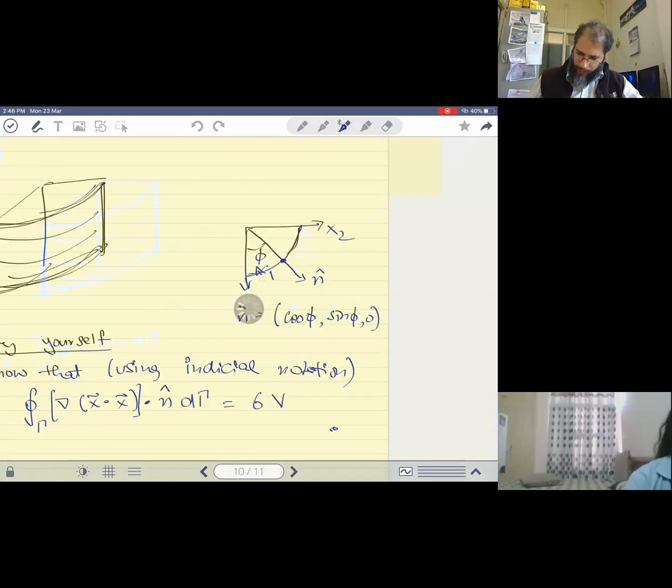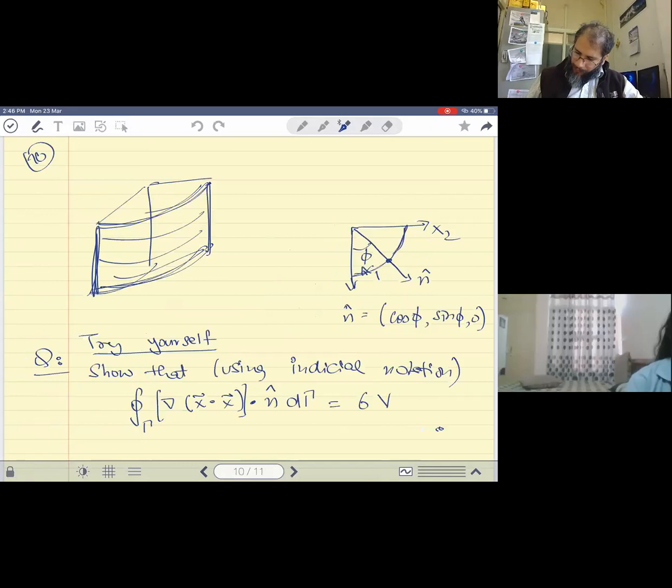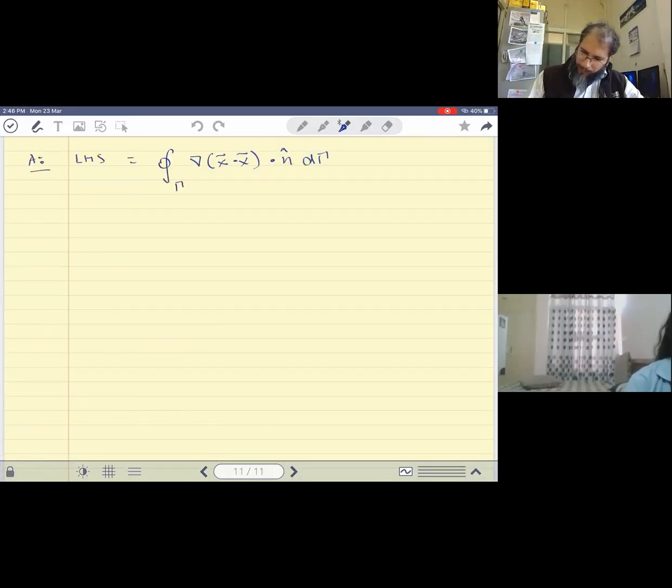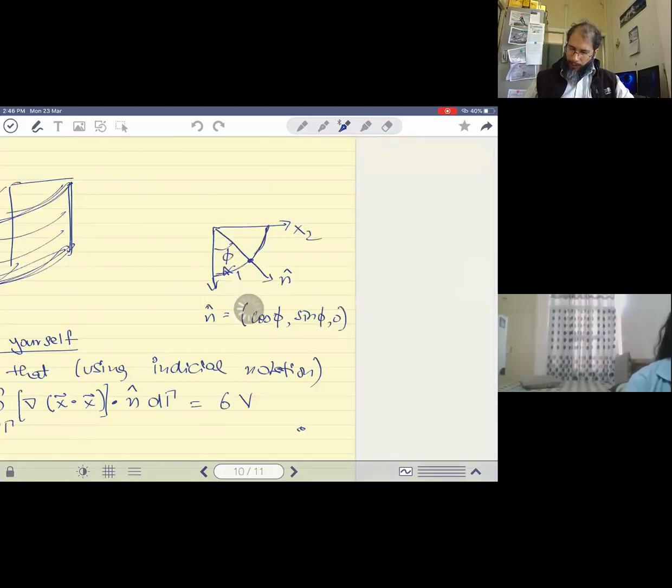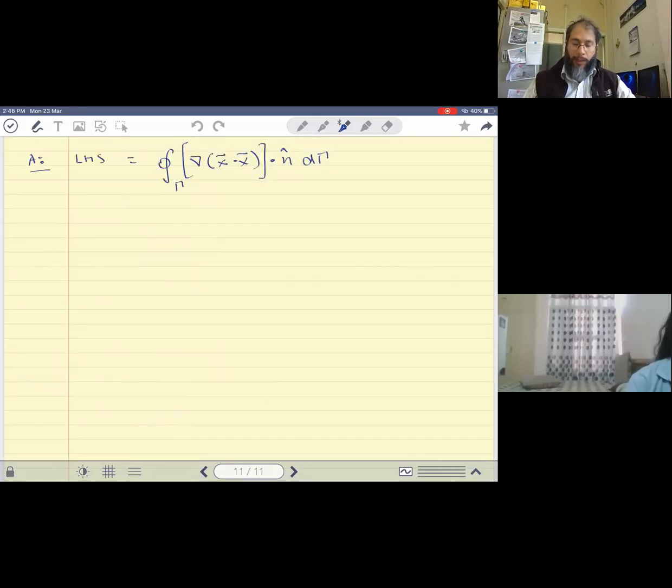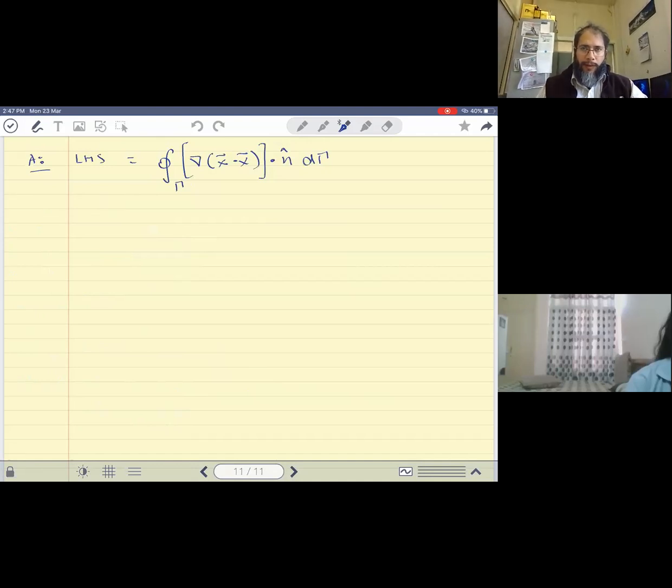Okay, let's check if this is correct. Right. So the integral is the gradient of the dot product between the position vector x, the whole thing dotted with n hat, and this quantity is integrated over the surface area of the body.